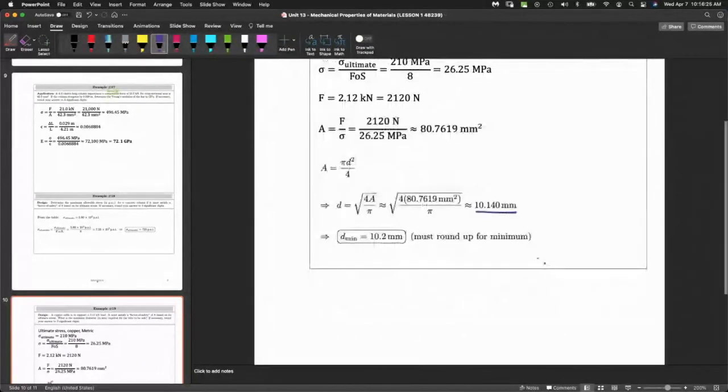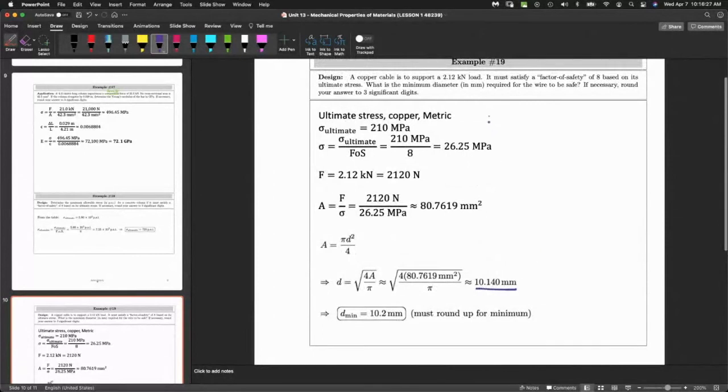Going to the question, you'll see that it's minimum diameter in millimeters, and also 3 significant digits. So I need to know if the answer is 10.1 or 10.2. The debate here is really, is it 10.1 or 10.2?